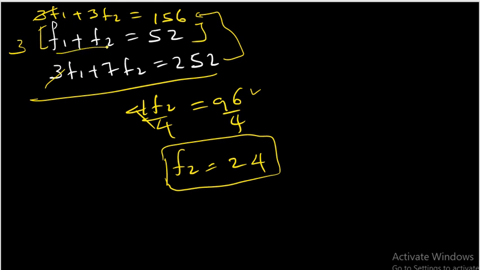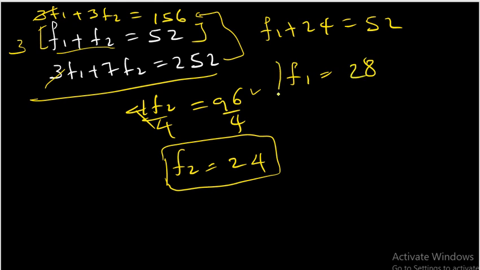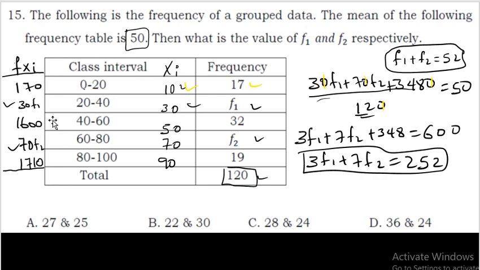We can substitute in either of the two equations. f1 plus 24 is equal to 52. So f1 is equal to 52 minus 24, and it will be 28. Yeah, so f1 is 28 and f2 is 24, so the answer should be C.